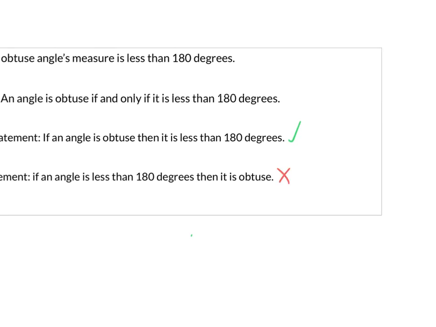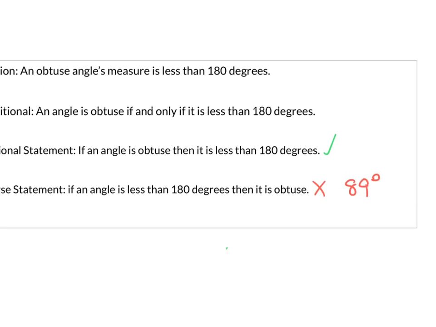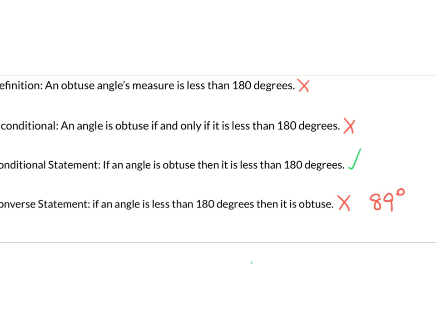What's our counterexample here? Well, let's go with 89 degrees. That's less than 180, but it is not an obtuse angle. So that means our biconditional statement was not valid, and of course, my definition at the very beginning was not valid either.